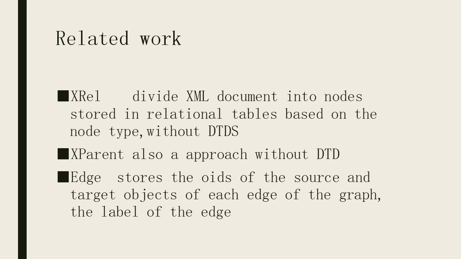Edge stores the source and the target objects of each edge of the graph and the label of the edge. It's simple, but it will face the self-join problem when dealing with complicated sorting. So it's useful for simple sorting.